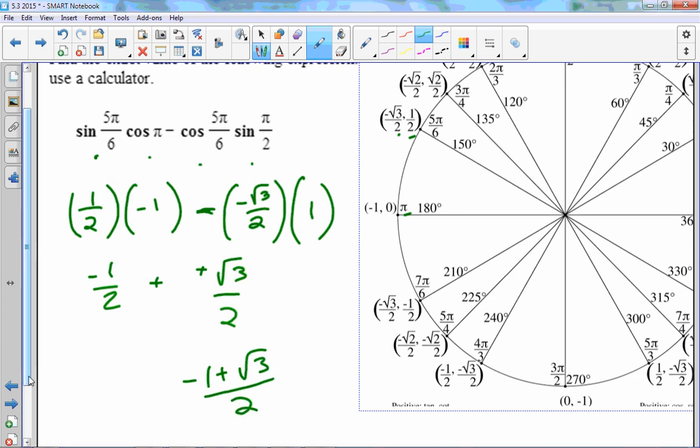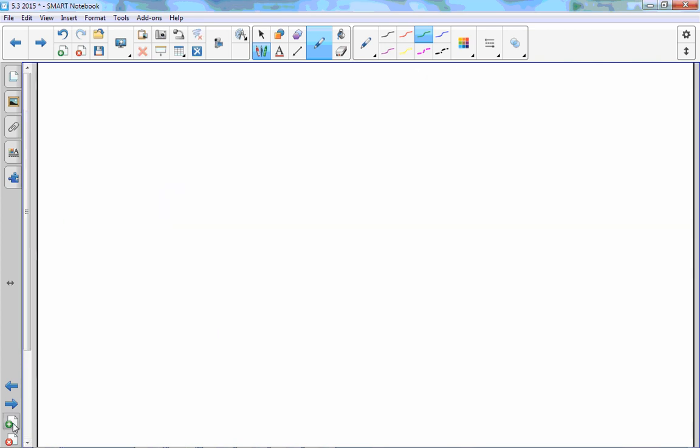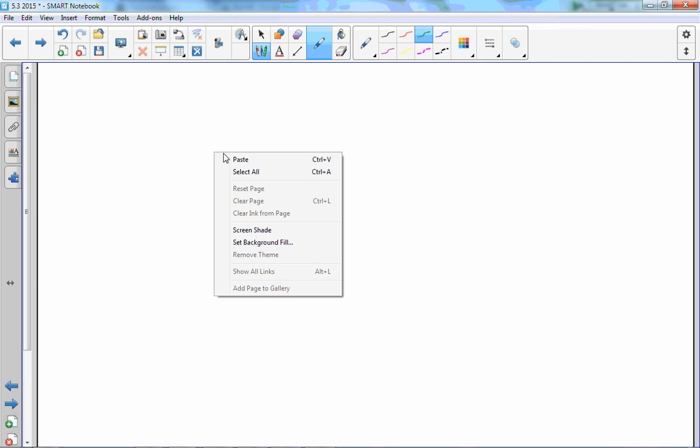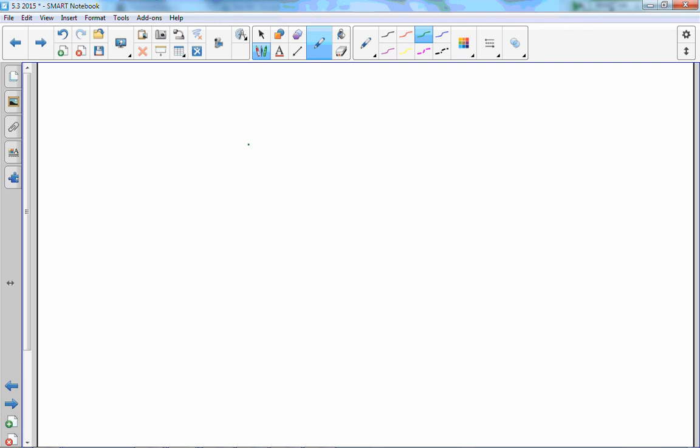Okay, so let me do this, because where people get in trouble with these questions is the math with the radicals. The radicals really stump people right here. So let me do a little radical review. A lot of times what you get is usually a square root of 2 times a square root of 3 type thing.